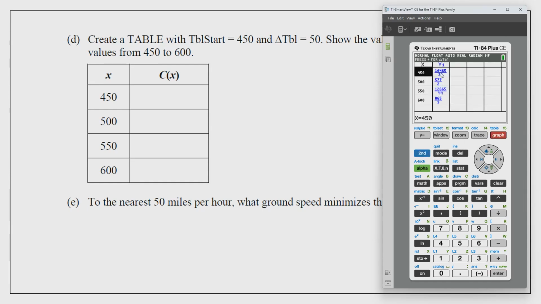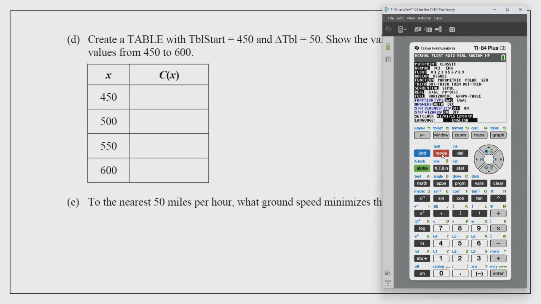And I see here that I now have my X values, 450, 500, 550, and 600 and then its corresponding Y coordinates. Now these Y coordinates are written as fractions, and I now want to convert them into decimals, okay? So to do that, I need to change a setting in my calculator.